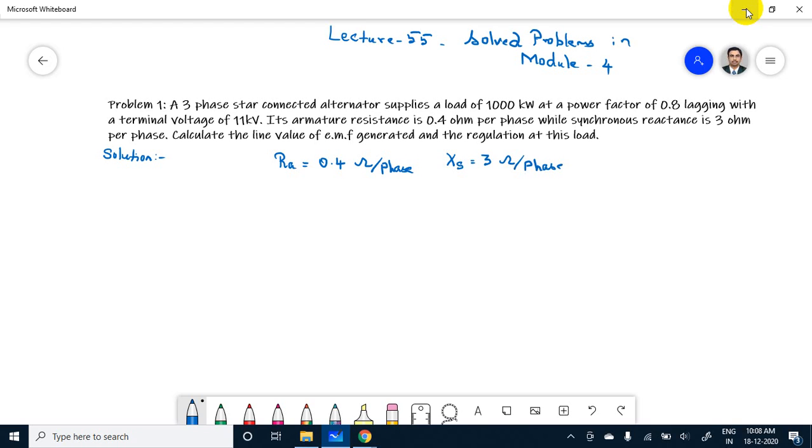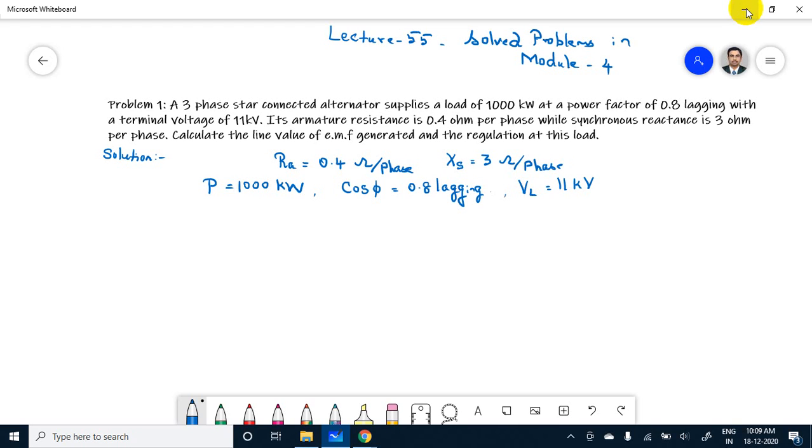And the power supplied to the load, P equal to 1000 kilowatt, and power factor cos phi equal to 0.8 lagging, and with a terminal voltage VL 11 kilovolt.